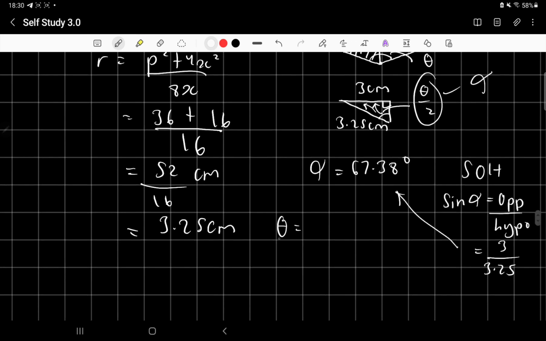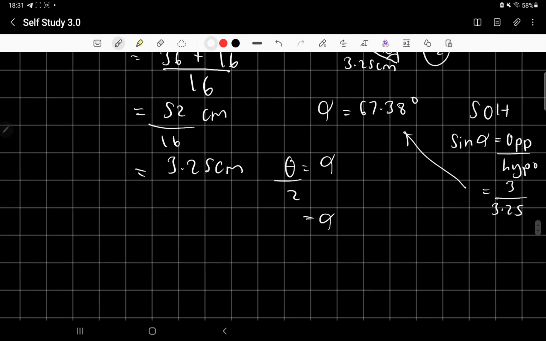Now we want to find theta, which is the angle that we want to find. So we know that theta over 2 is equivalent to alpha, and we know alpha is equal to 67.38 degrees. By multiplying both sides by 2, we will get theta is equal to 134.76 degrees.